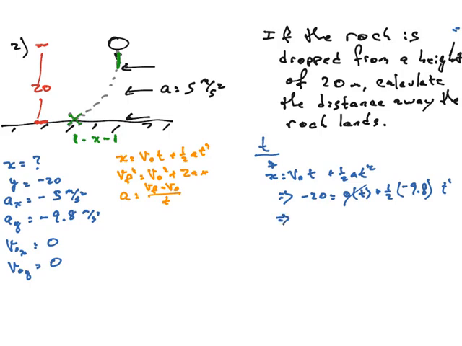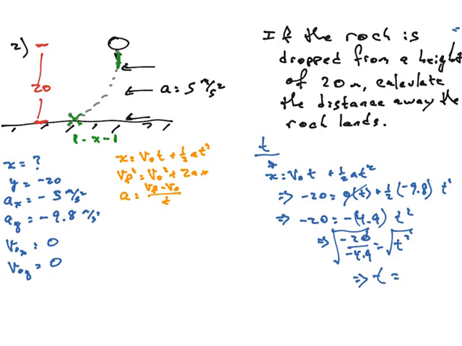Can I solve this? I've got negative 20 equals negative 4.9 t squared. I want to get t by itself, so I divide over the negative 4.9. So I have negative 20 over negative 4.9 equals t squared. But again, I don't want t squared, I want t. So square root both sides. t then gives me 2.02 seconds.